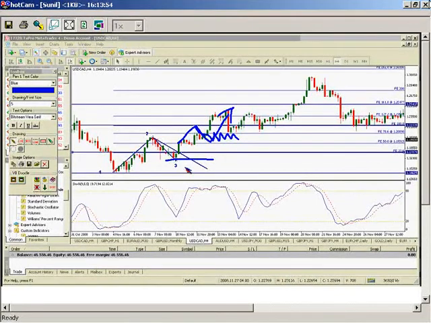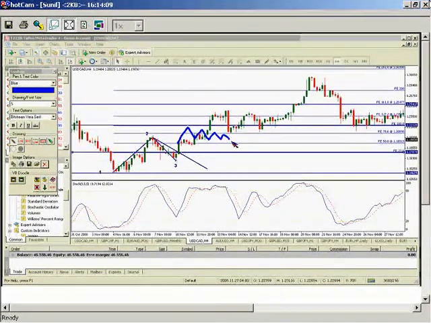Do you understand the logic? If it breaks 78.6, 127 is very likely. After breaking 78.6, there may be times when it will retrace down, retest your 50, maybe even retest further down, but it should rally back to 127 because it has closed above 78. Does that answer the question?